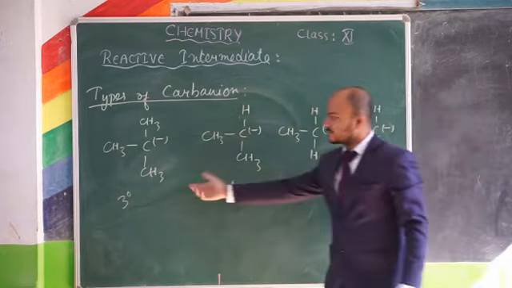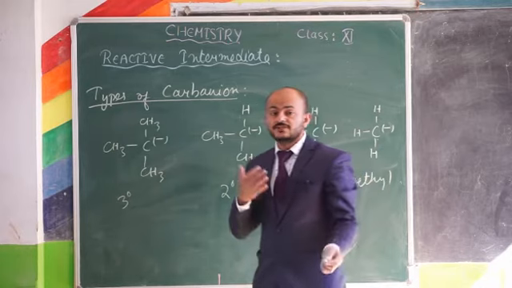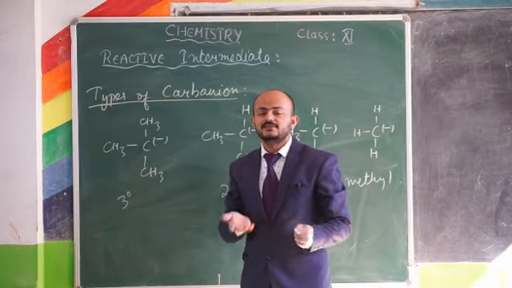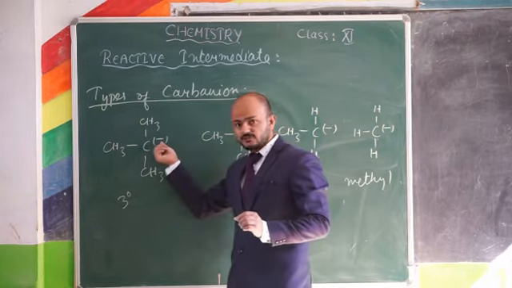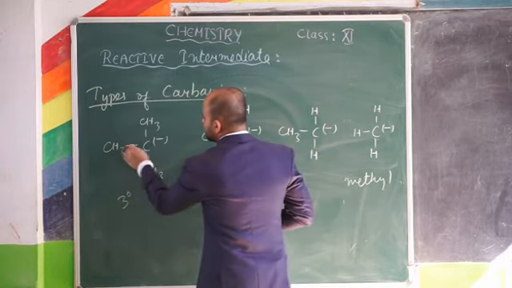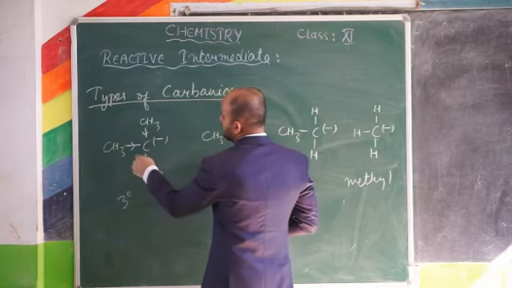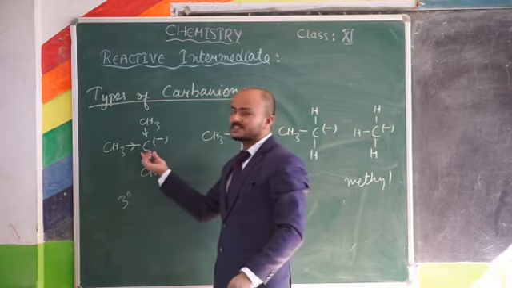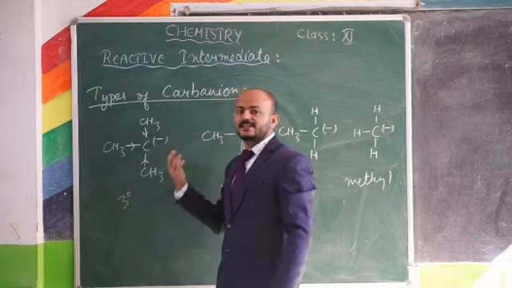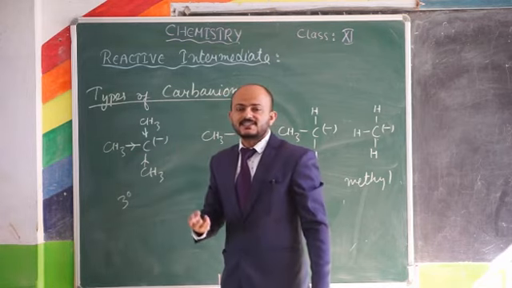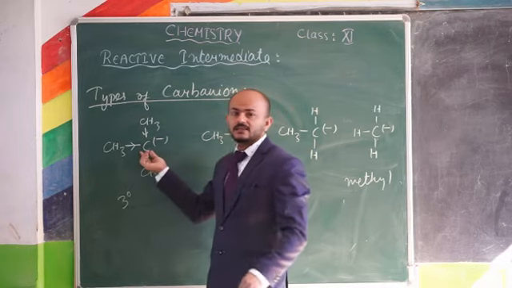So now let's discuss its stability. In this case, your stability order will be just the opposite of carbocation. Why? Because this is having a negative charge, and in case of tertiary, there are 3 plus I effect showing groups. Now these plus I effect groups will increase the electron density over this carbon, that means it was already negative, and now it is becoming more negative because of 3 plus I effects.